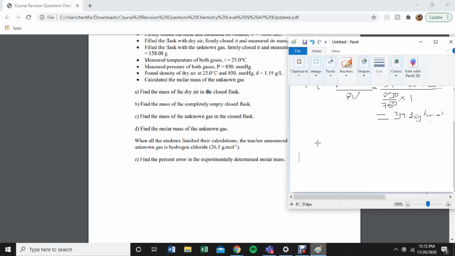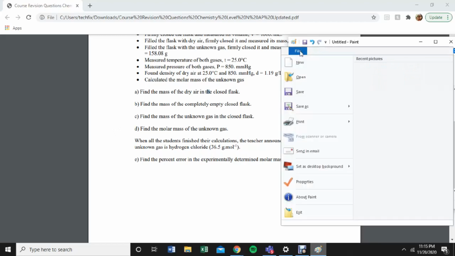To calculate the percent error, we do the actual value minus the value that we got, over the actual value, times 100. That is how you find the percent error, and you end up with 6.0%. That is the percent error.